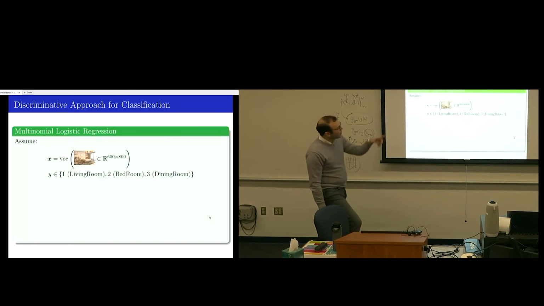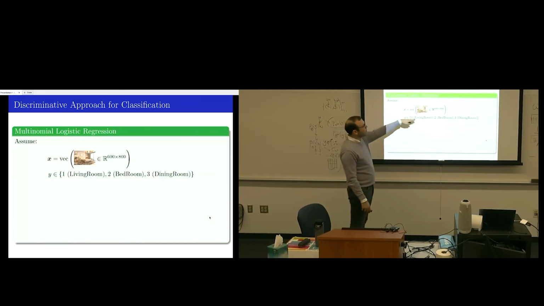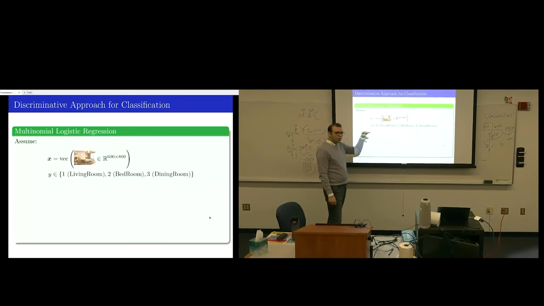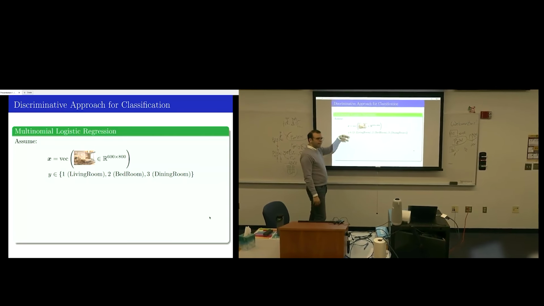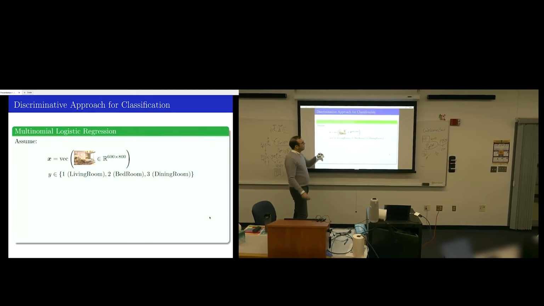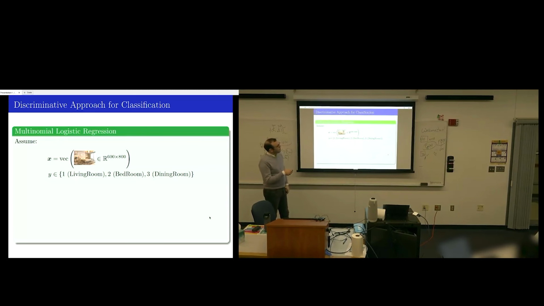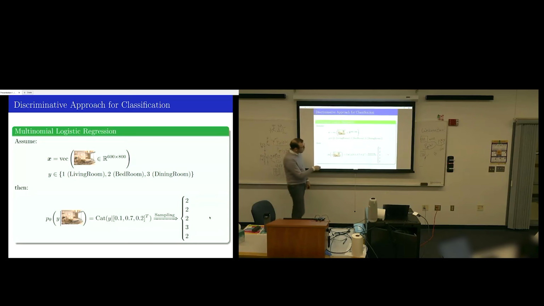So if I give you an image, you can vectorize it and then give it to your logistic regression. I know that it cannot work in practice, but assume that it can work. So I give you this image, you transform it into a vector, and then in the output, the logistic regression gives probability over three different types of rooms: living room, bedroom, or dining room. But you again have a generative model, a very simple one.